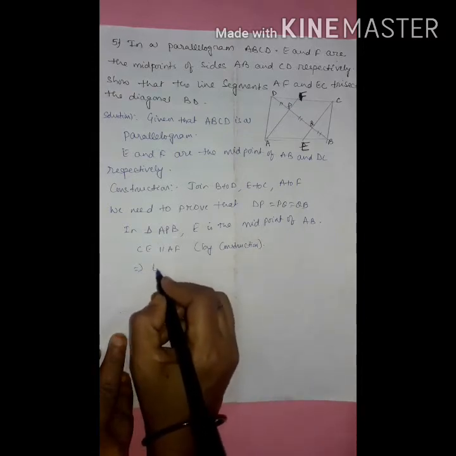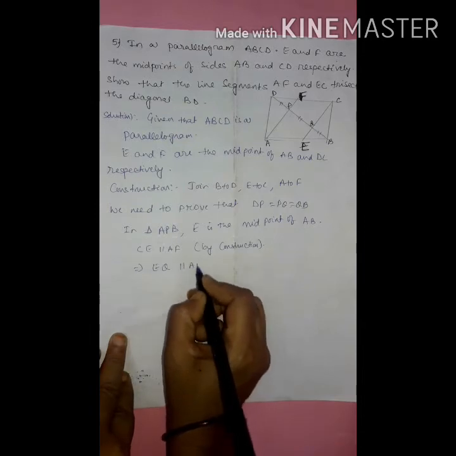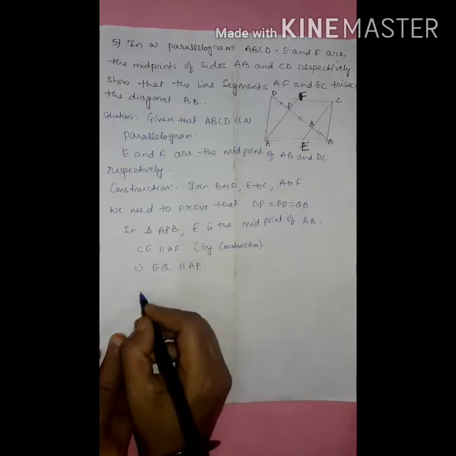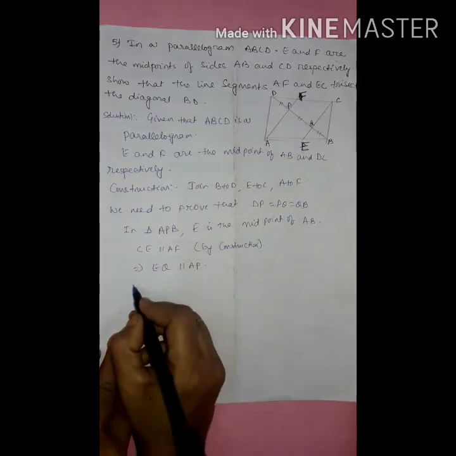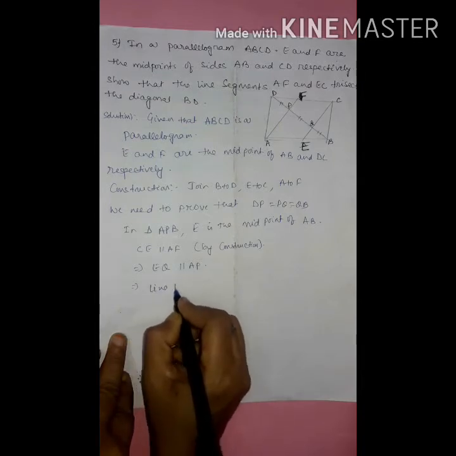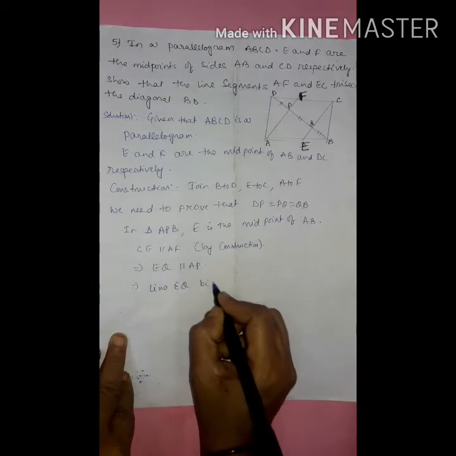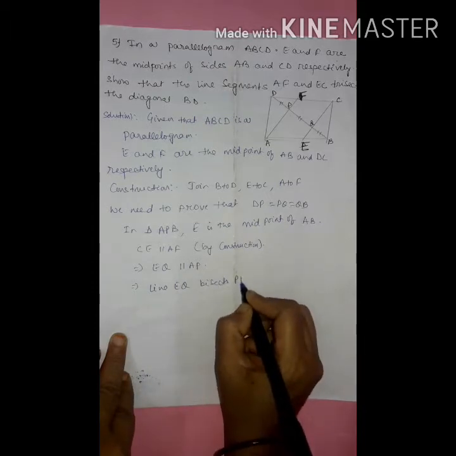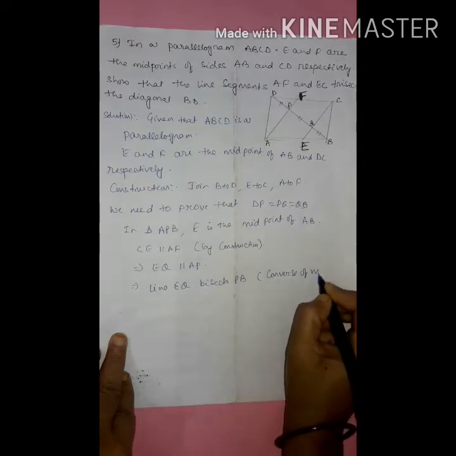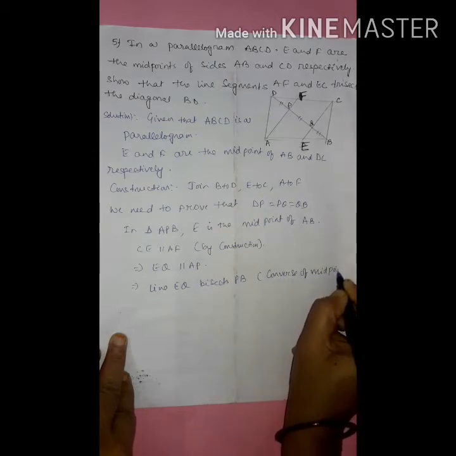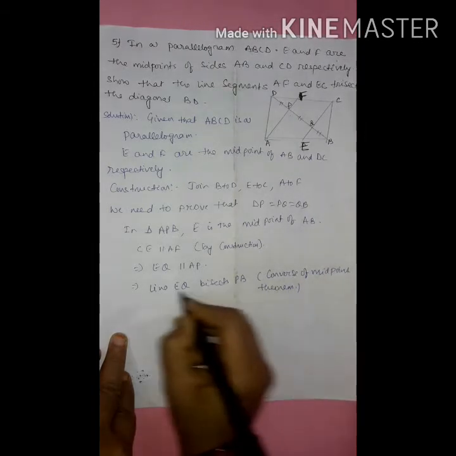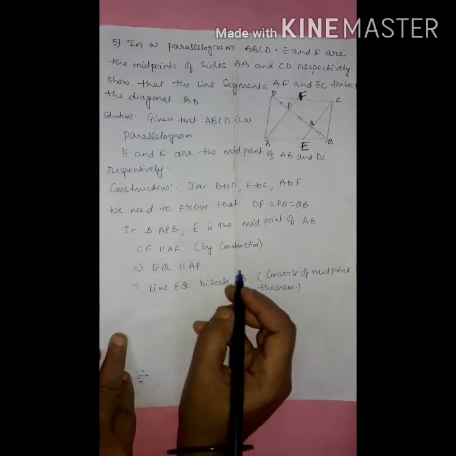This implies EQ is parallel to AP. This implies line EQ bisects PB. This is the converse of the midpoint theorem. Line EQ bisects the BP line segment.